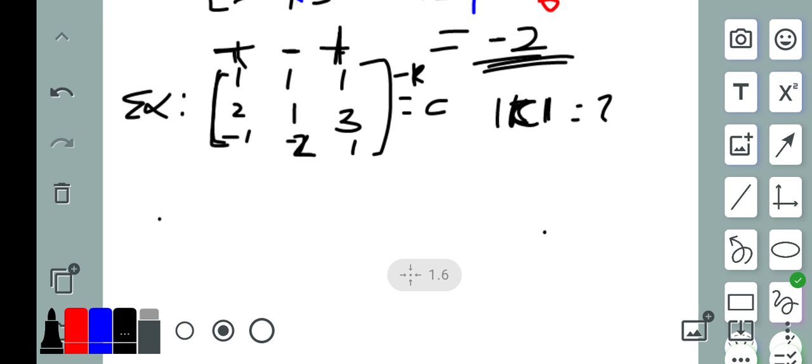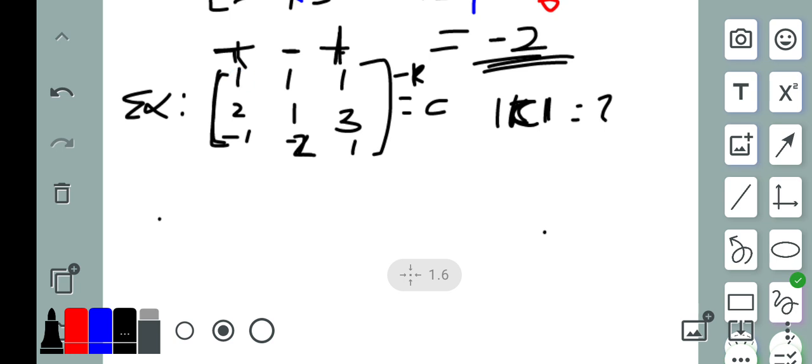So for this one, what do you do? Very simple. First of all, we start with this first one. You are going to delete all the members in the vertical and horizontal side.